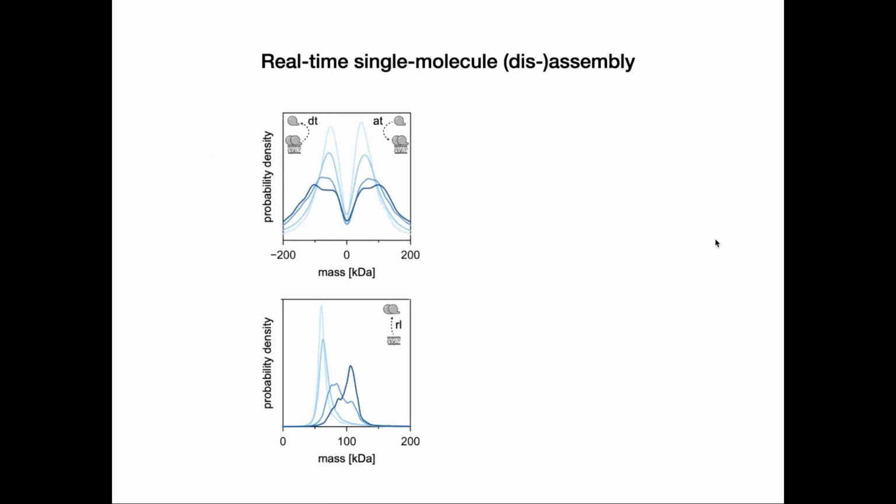So if we use the step size distribution from the steps that we've detected, we can see that both for attachment and detachment events, we get a distribution centered around dimers for low particle densities.